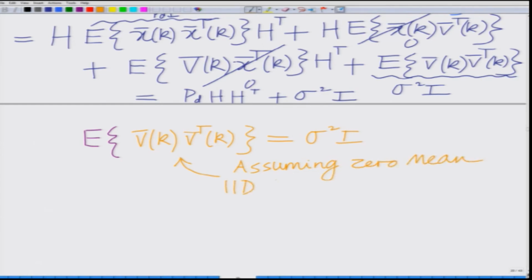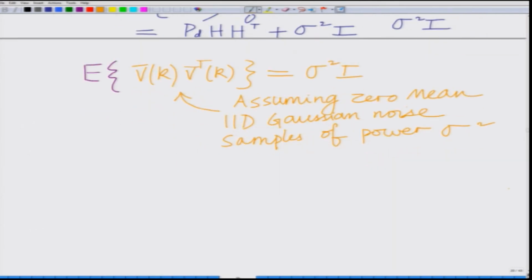This is assuming zero mean IID Gaussian noise samples of power sigma square, or variance sigma square. So R y bar k, the covariance matrix of y bar k, is basically P_d H H transpose plus sigma square times identity.